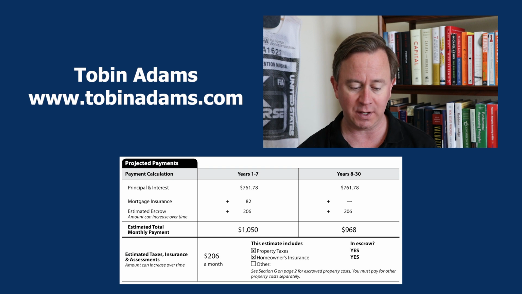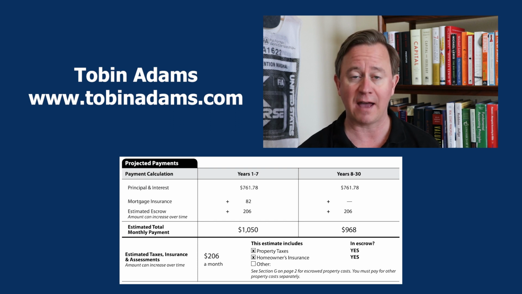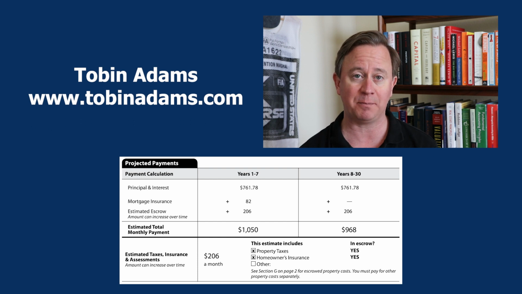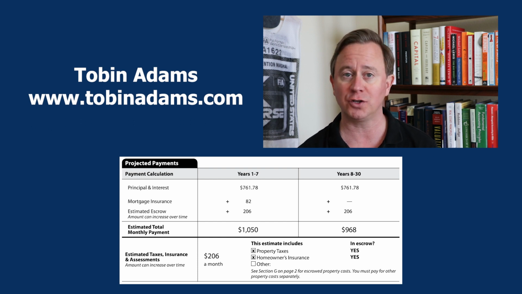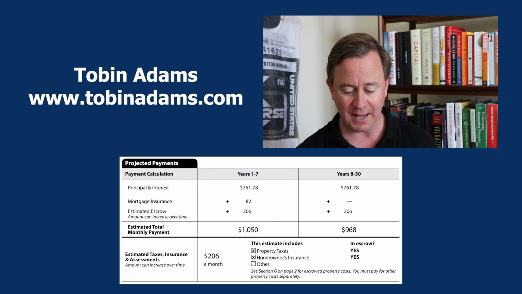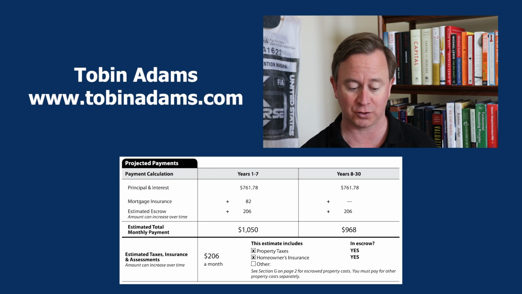What this is showing is that for this person and this mortgage, this is a conventional mortgage, and they're going to have mortgage insurance, but mortgage insurance will fall off of a mortgage once the loan to value ratio, the outstanding principal in the loan divided by the value of the home, gets to 78%. That mortgage insurance will drop off. And so that's why you see mortgage insurance for years 1 through 7, and then there's no insurance after that for the duration of the mortgage.